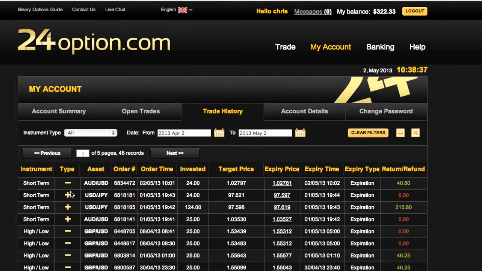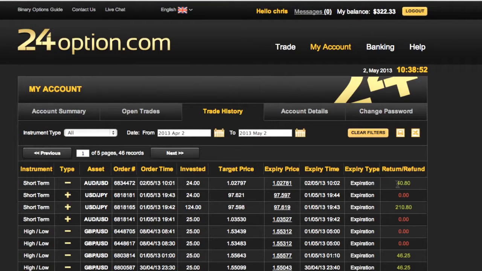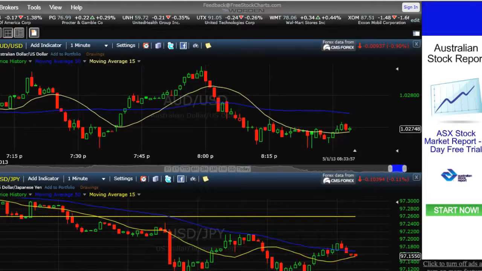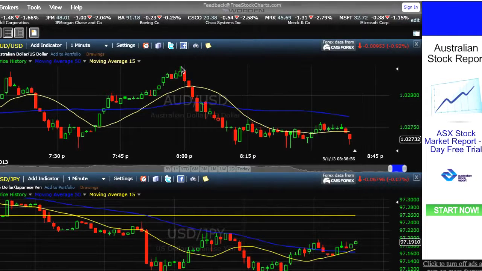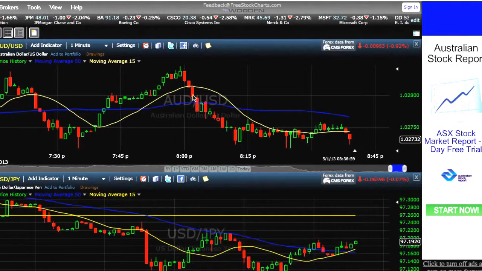I invested 24. The target price was 102.7, and the entry price was 102.81, and I won the trade. You can actually see here, I actually did it like half an hour ago. You can see here the 1, 2, 3 candlesticks I got in here.